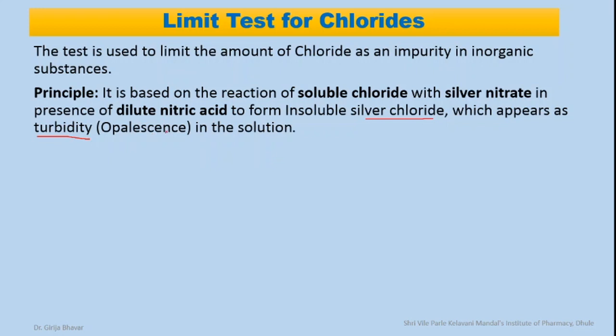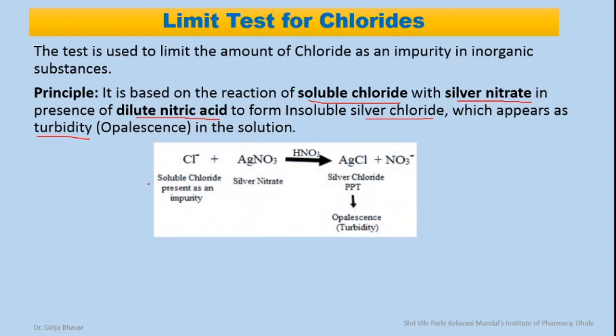That means the chloride impurity, which is soluble in water, is treated with silver nitrate in presence of dilute nitric acid, which forms silver chloride, which is insoluble and thus precipitates, and the solution becomes turbid.